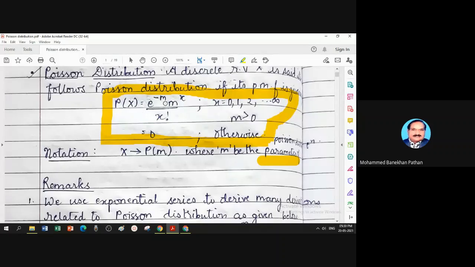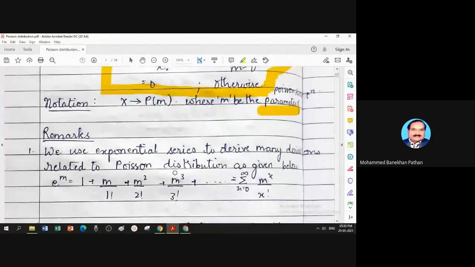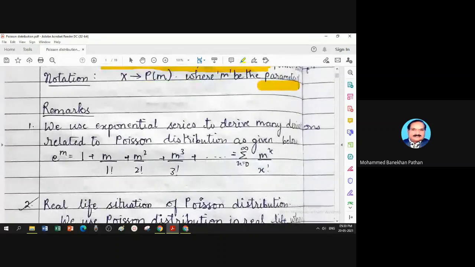Now on this function, I will put certain remark and then we'll go ahead. Remark number 1, which is very important to study Poisson distribution. We use exponential series to derive many derivations related to Poisson distribution as given below.